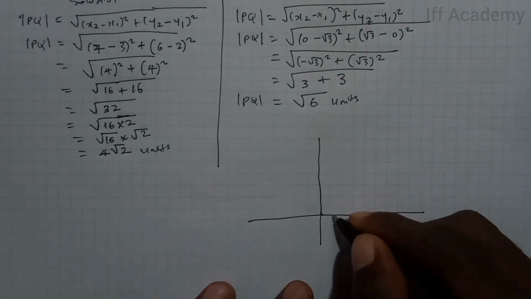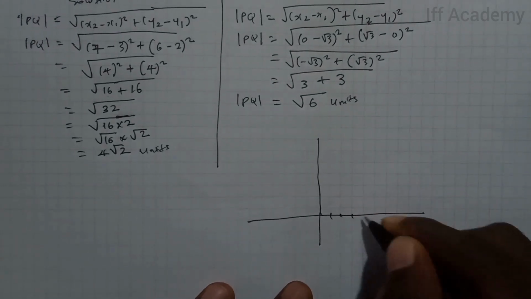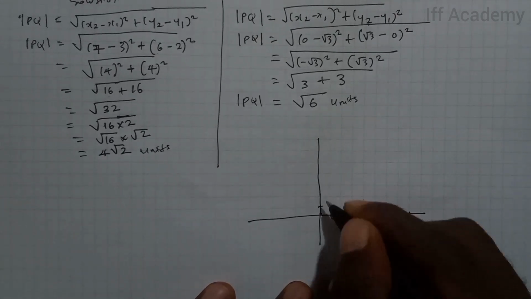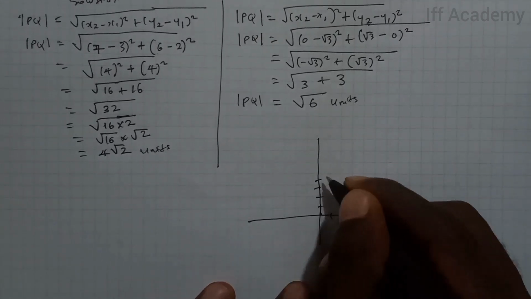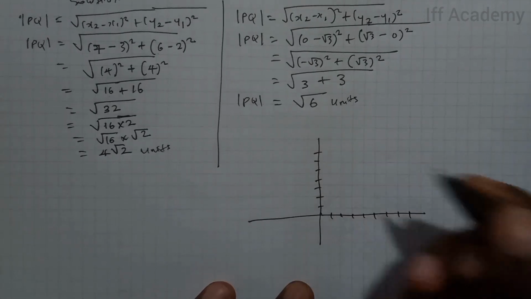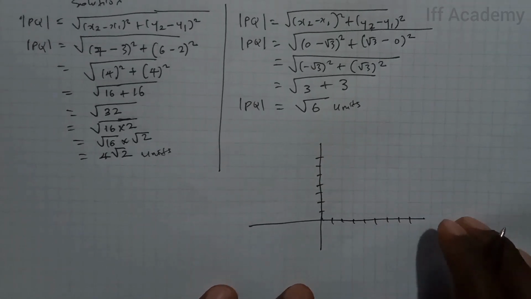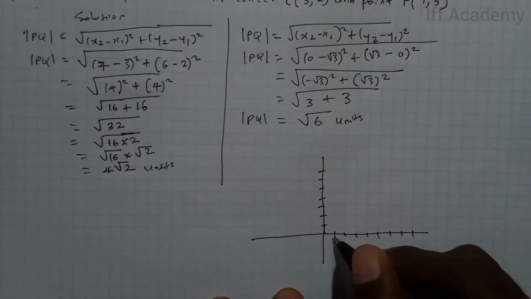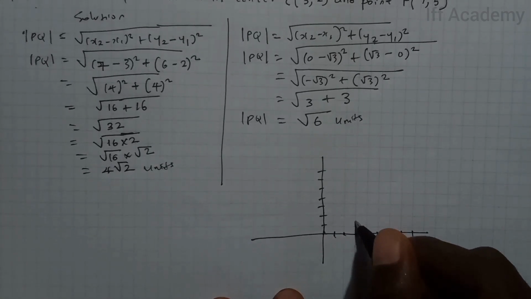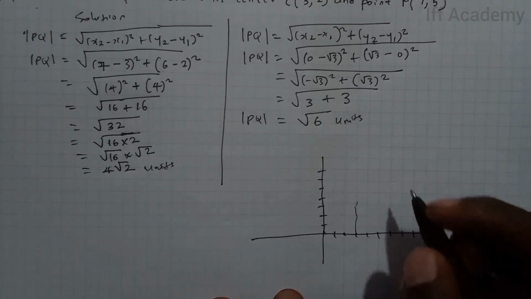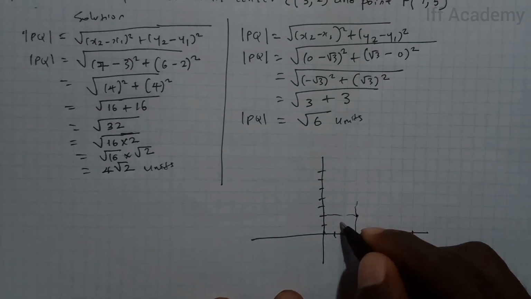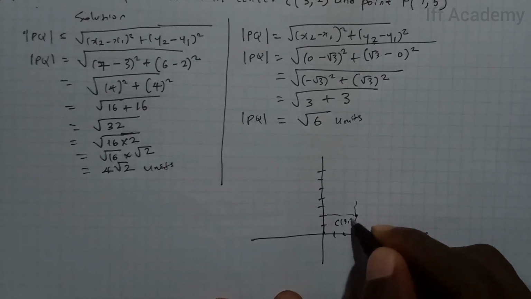So let's mark out the point on this plane. The center is at 3 and 2, right? On the x-axis, mark out point 3. This is 0, 1, 2, 3. So you trace it to where you have 2. So this is the center of the circle, C (3, 2).